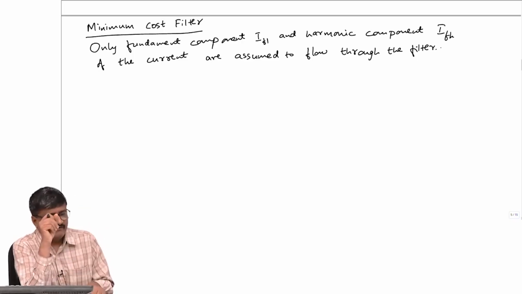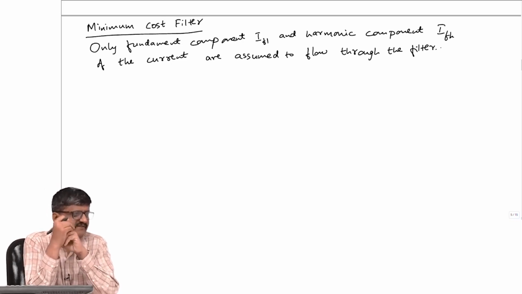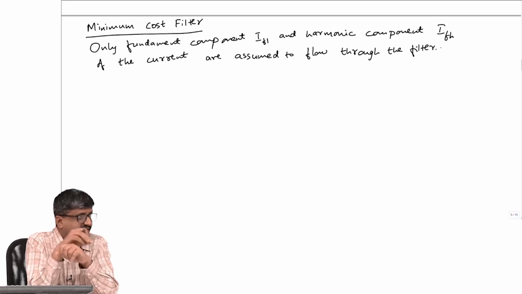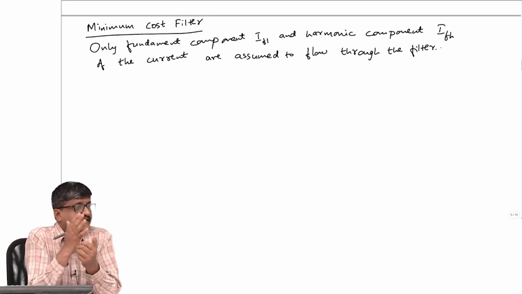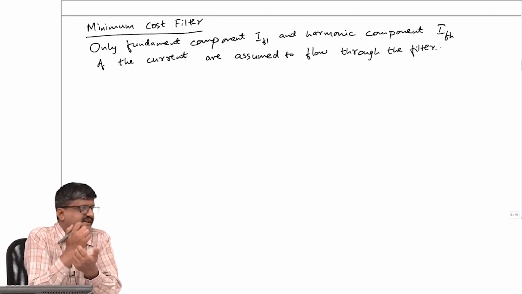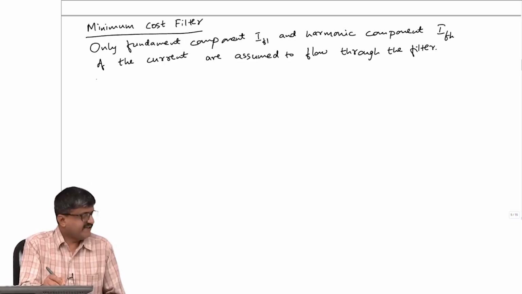If you see the filter, it is essentially L and C. R is something which comes for some reason, so R is not a very significant part of the filter. So, it is only L and C. When it has only L and C, there is only reactive power. So, the cost of the filter is proportional to the reactive power rating. So, what is the reactive power rating? There is an inductor, there is a capacitor.